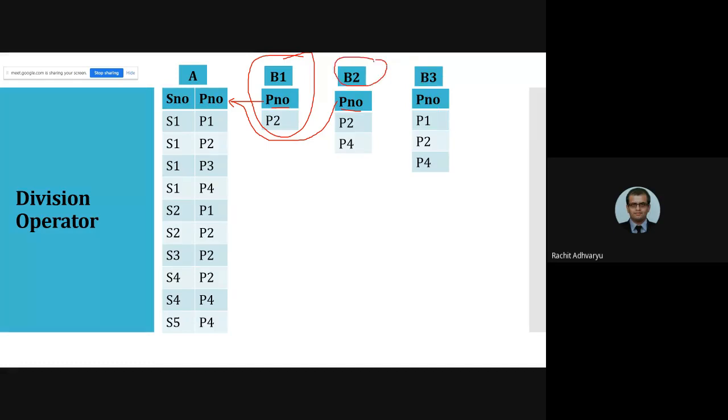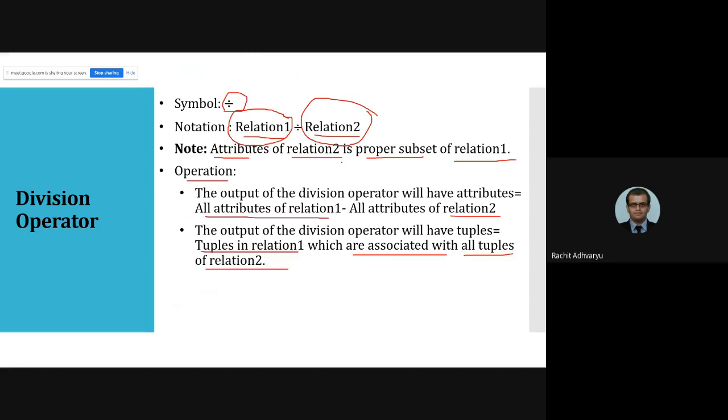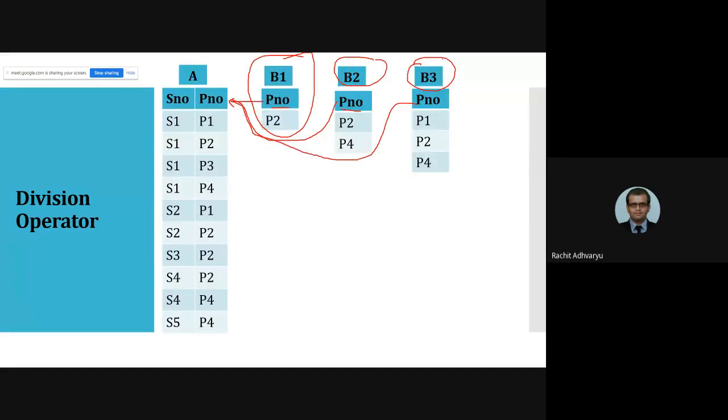Yes, B3 is again having a PNO column, and it can also be the subset of this particular table A. So the first rule, that all attributes of relation 2 are a proper subset of relation 1, already gets satisfied here. So we can divide A by B1, we can divide A by B2, we can divide A by B3. So we can divide A by all the three different tables.